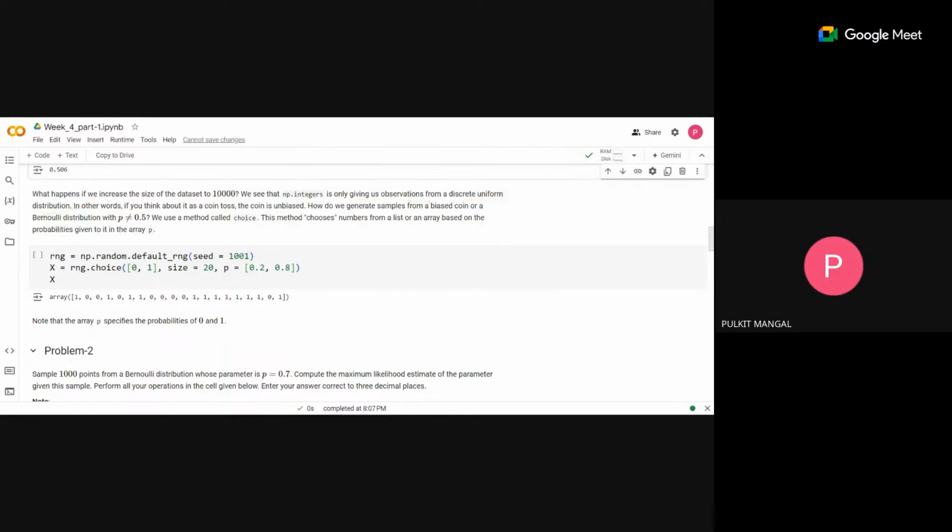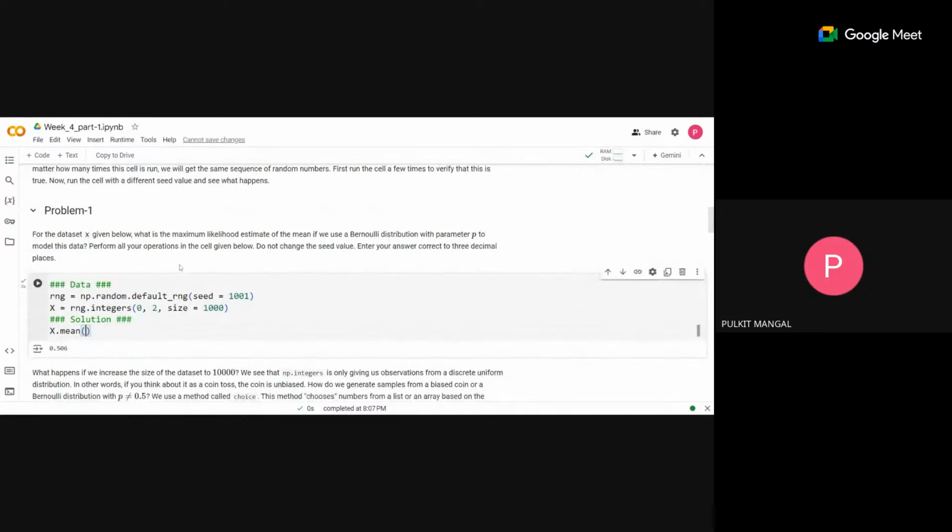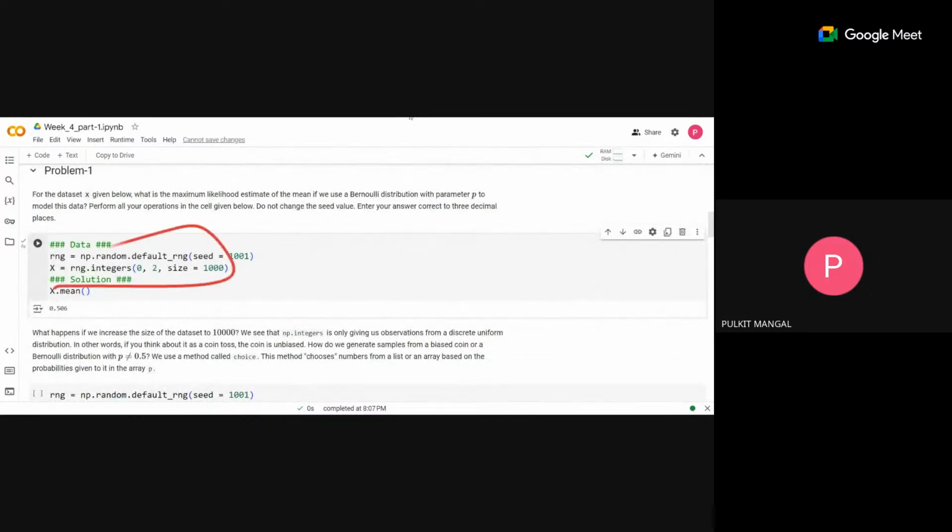In other words, if you think about a coin toss, the coin is unbiased, so it is giving samples based on uniform random sampling. If you toss an unbiased coin, it is this rng.integers that we were choosing before. It is working like that.